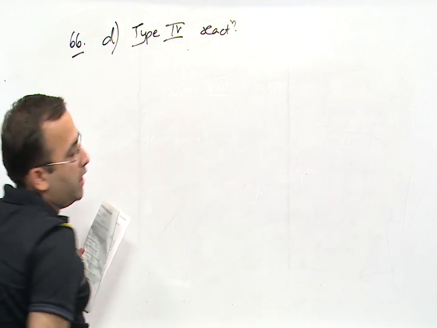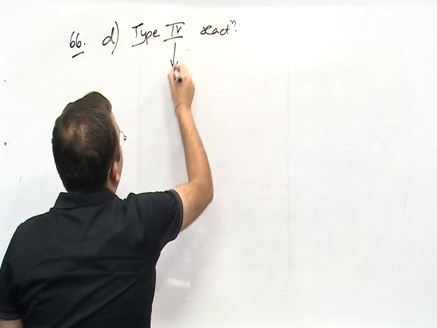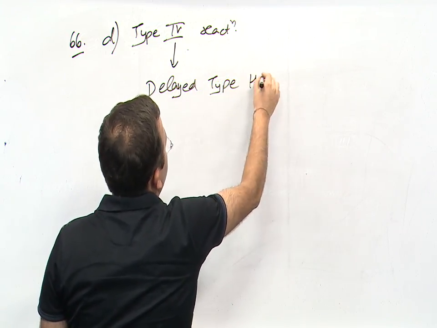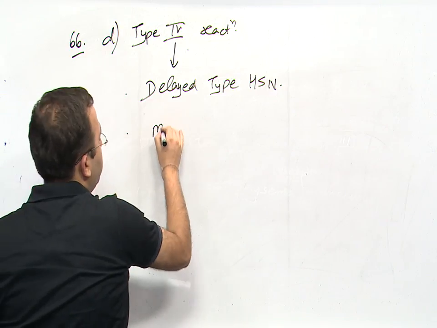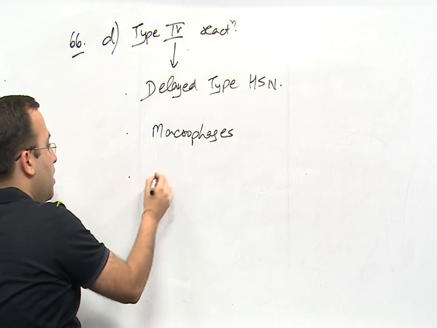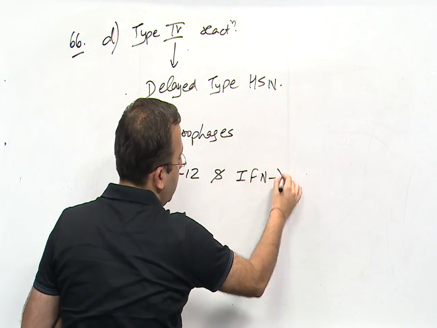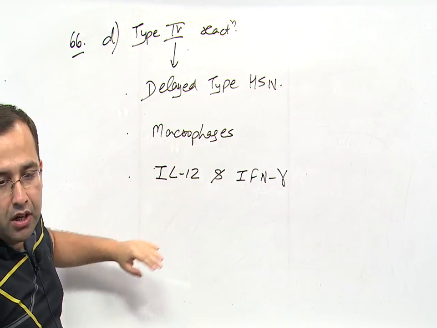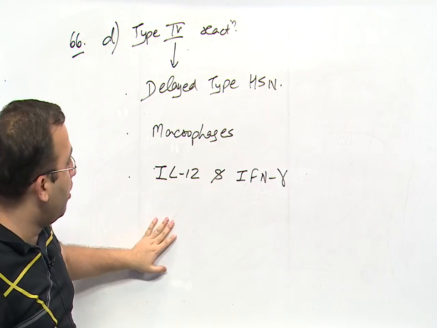You very well know type 4 is a delayed type of hypersensitivity reaction mediated by macrophages, and the main cytokines responsible are interleukin 12 and interferon gamma.